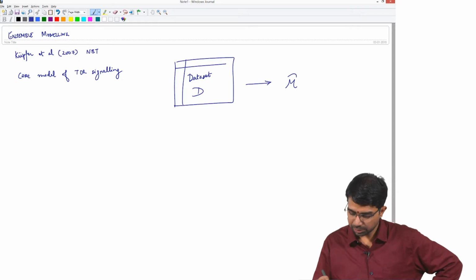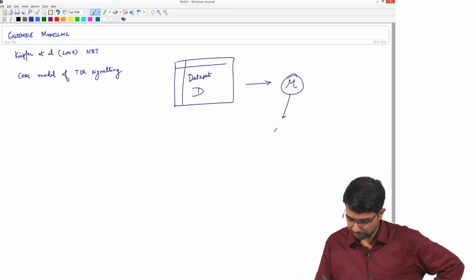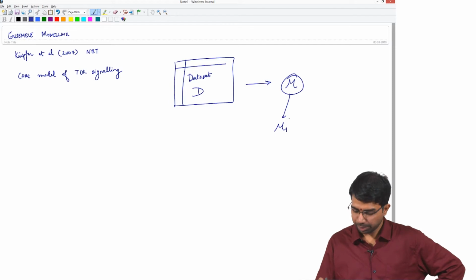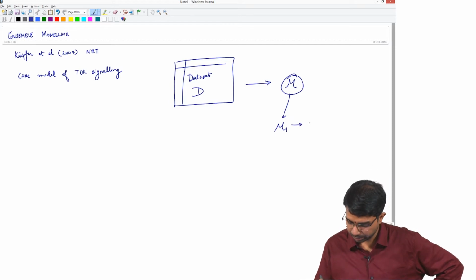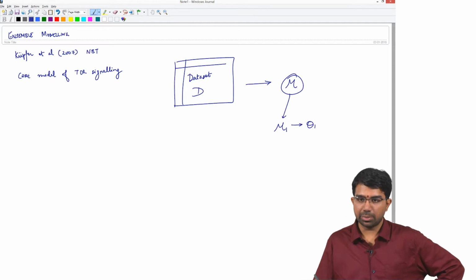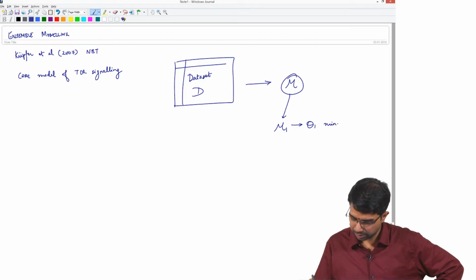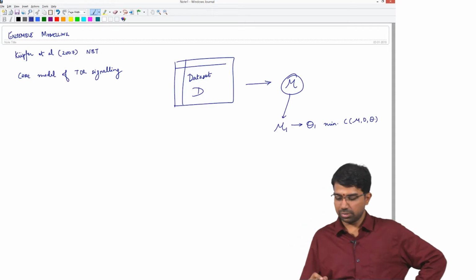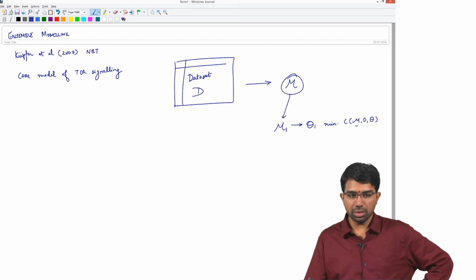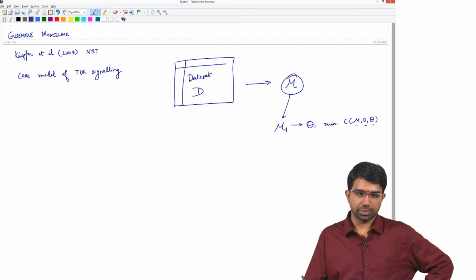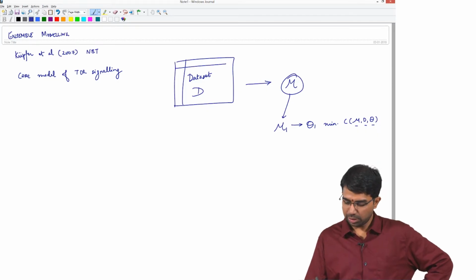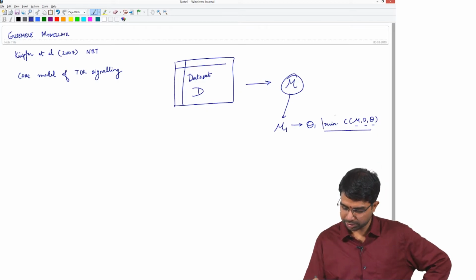You will essentially fix a model, let us say we pick M1, and find a parameter set theta 1 that minimizes some cost function. The cost function will include the model, the data of course, and the parameter set.